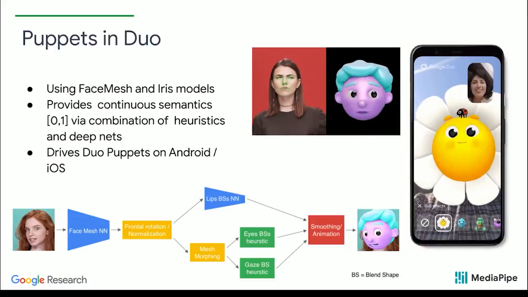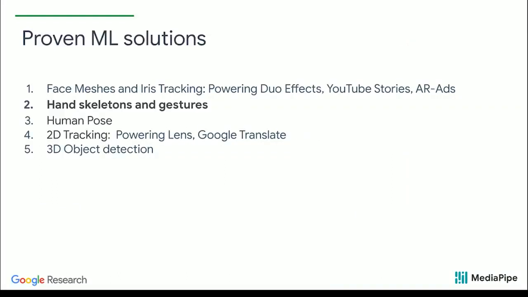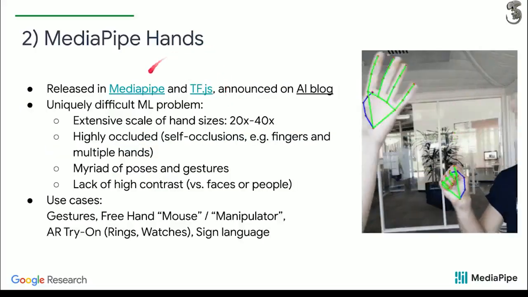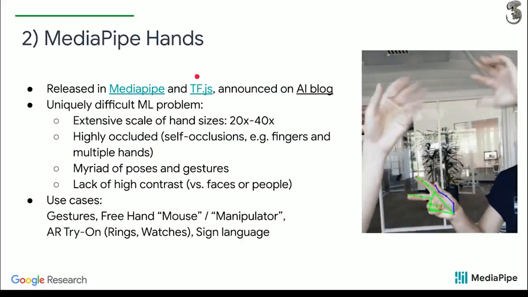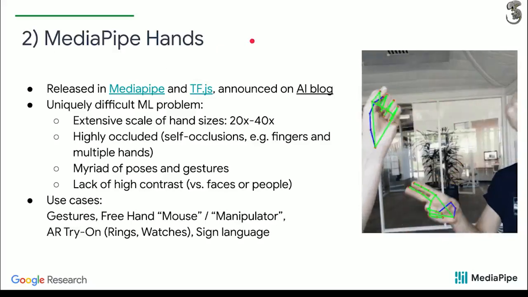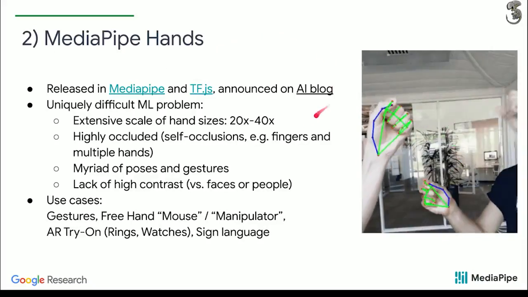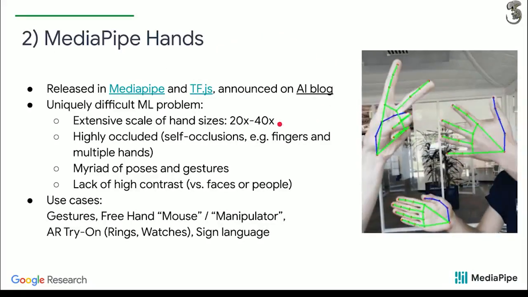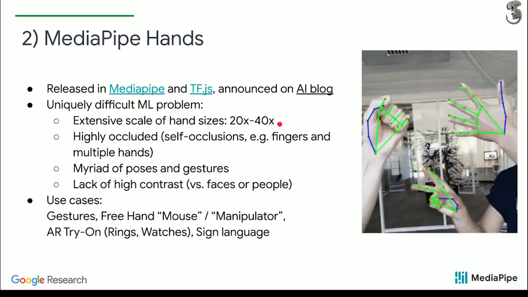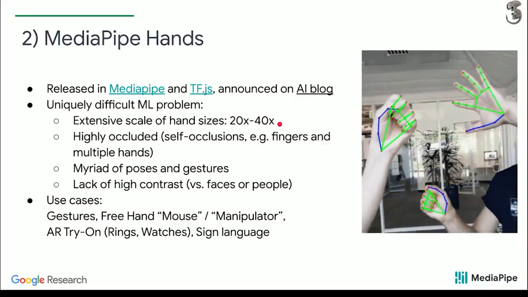The second ML solution we're going to look at are hand skeletons available in MediaPipe and TF.js. Hand tracking is a uniquely difficult problem. That's because hand sizes occur in all kinds of scales, from very close to the camera to far away.